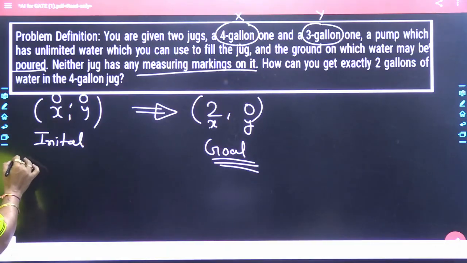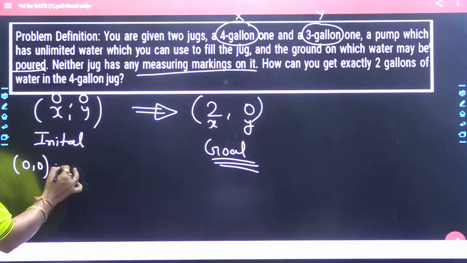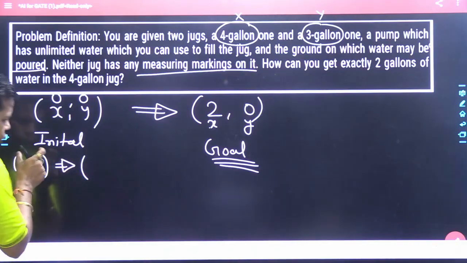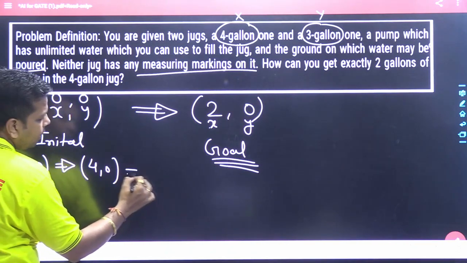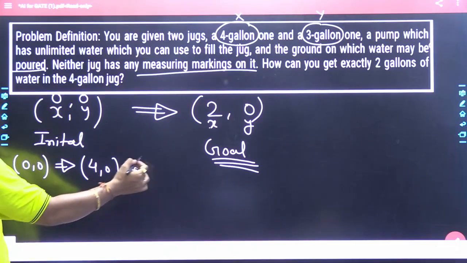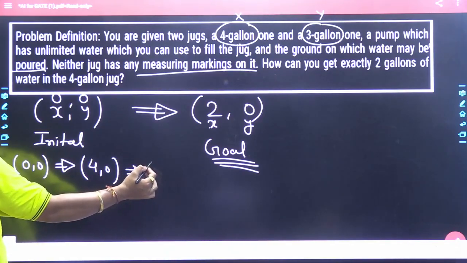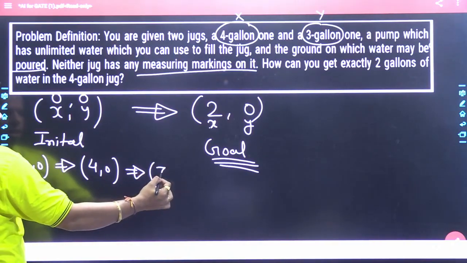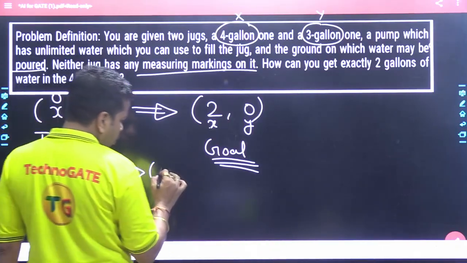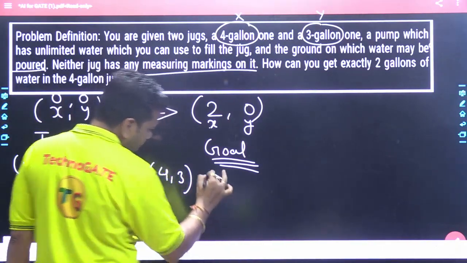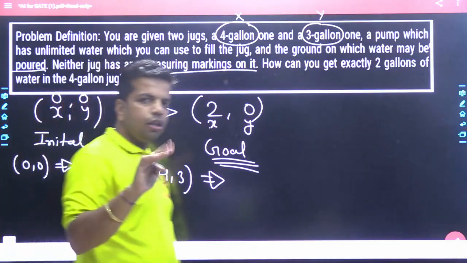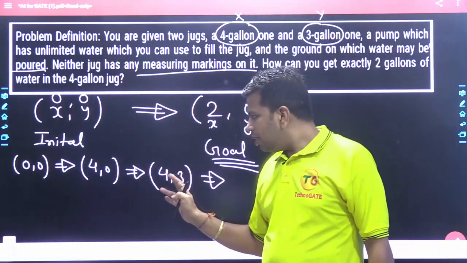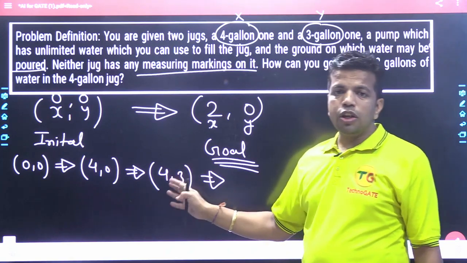Let's see. We are at 0 0. First of all, I am going to fill the first jug, so it's 4 0. Now I am going to fill the second jug, so it becomes 4, 3. Initially both jugs are empty, I fill the first jug completely, 4, 0, and then the second jug, so it becomes 4, 3.